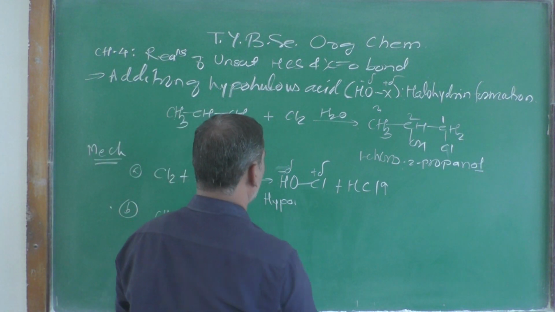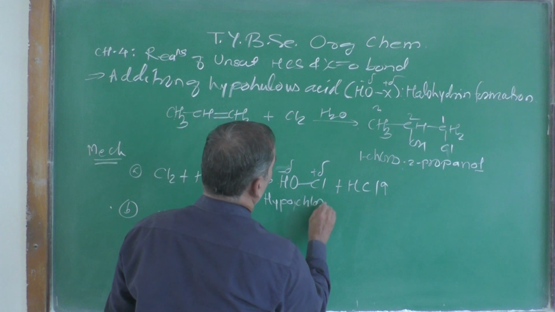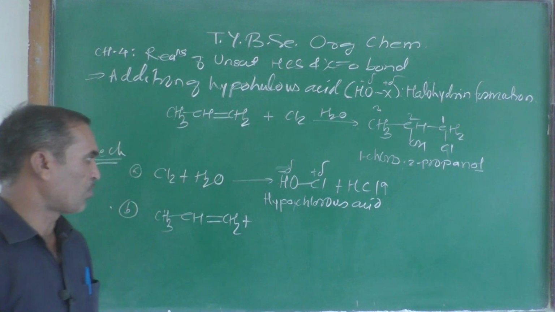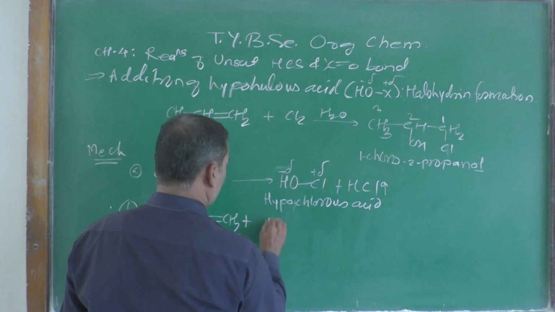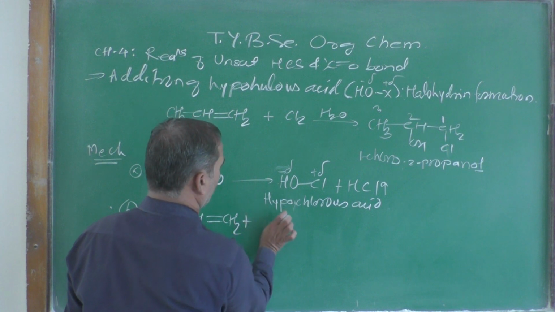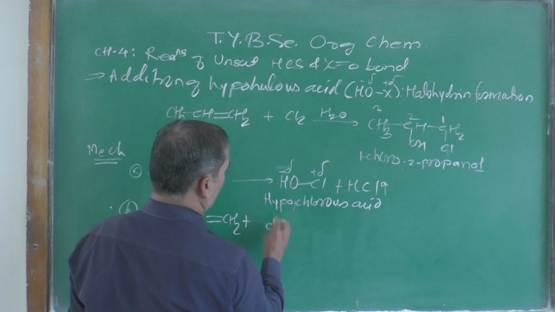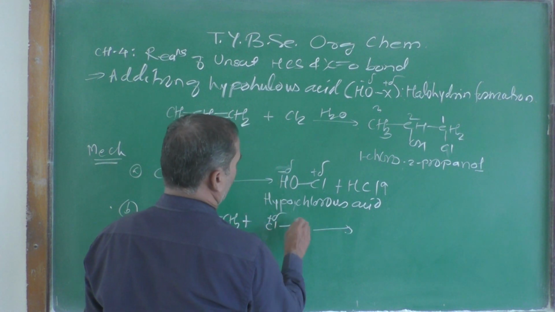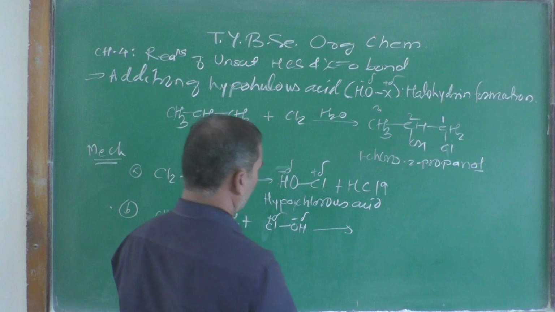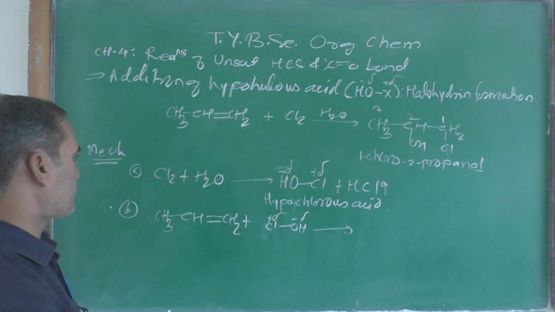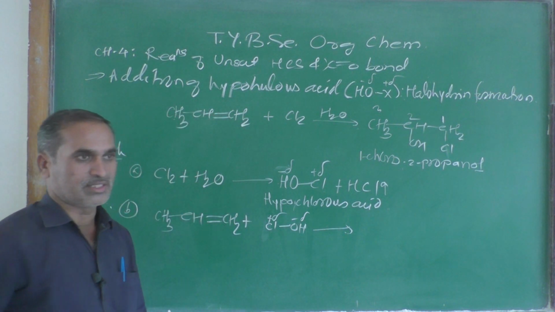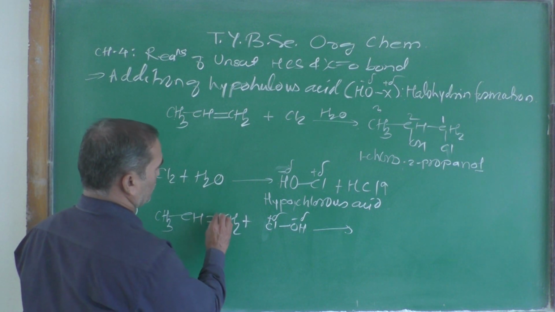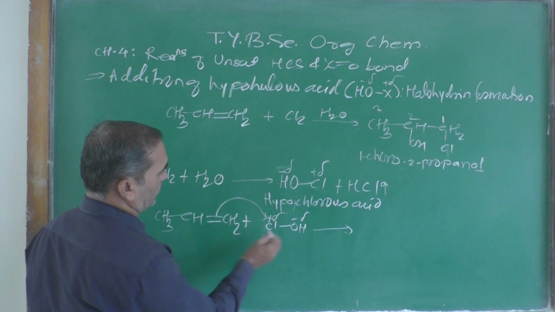For the sake of convenience, you can write Cl over here and OH in this way. Here is the plus delta charge, and here should be the minus delta charge. As we know, the alkene acts as nucleophilic in nature, so it is going to attack that chlorine atom.